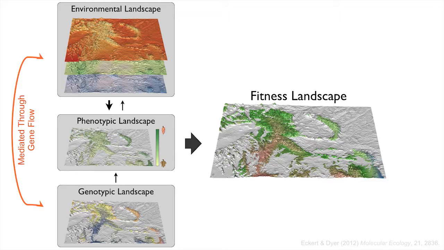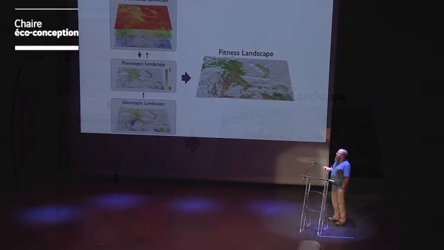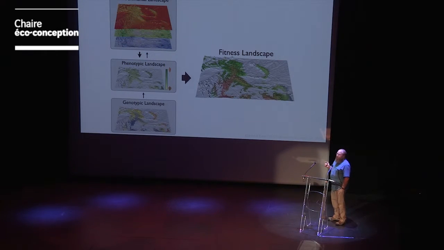Now, a fitness of an individual, of an organism, is a property of several interacting processes. There are several environmental landscape features that an organism interacts with on a daily basis. If you're a tree, you're trying to gain nutrients from the soil and water. You're trying to exchange gases with the air.